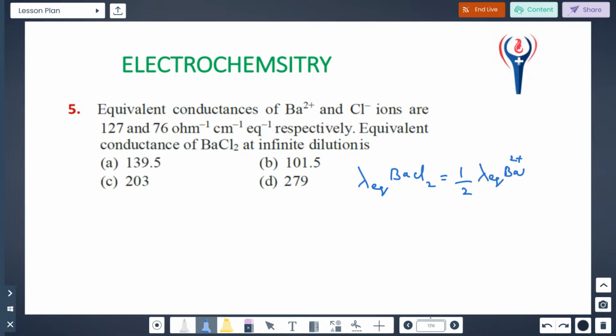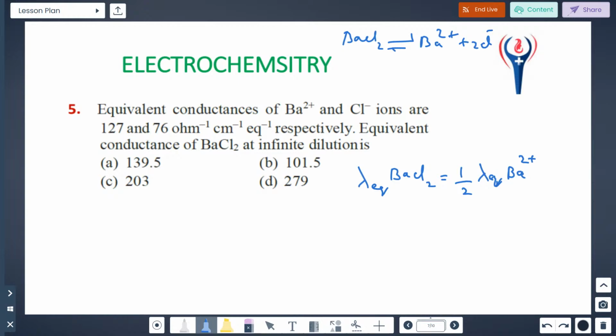Simply remember, how does barium chloride split? Barium chloride splits into barium 2 plus ion plus 2 Cl minus ions.